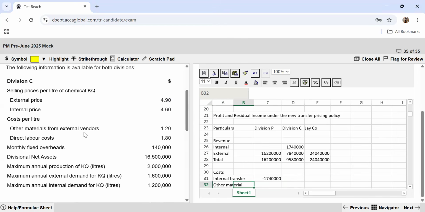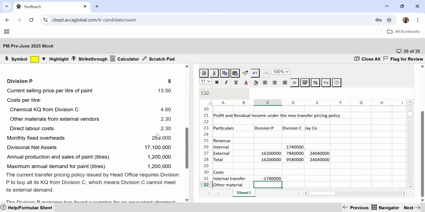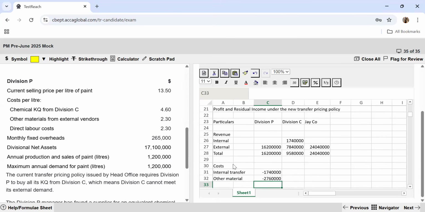What is the other material going to look like? For Division P, we have the other materials coming to 2.3. So equals minus 2.3 multiplied by 1.2 million. So this is what they spend. And then they also spend, for direct labor, the same amount. Direct labor also, it's the same actual amount.